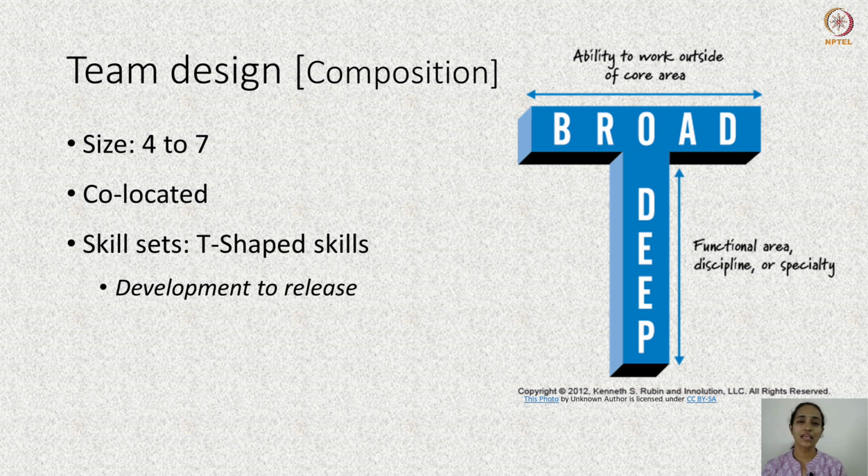That is, each team member not only has a deep understanding about the technology that he or she is working on, but should also have a broad understanding or technical knowledge about the work of other team members. And along with this, they should also have skill sets which allow them to collaborate with others.